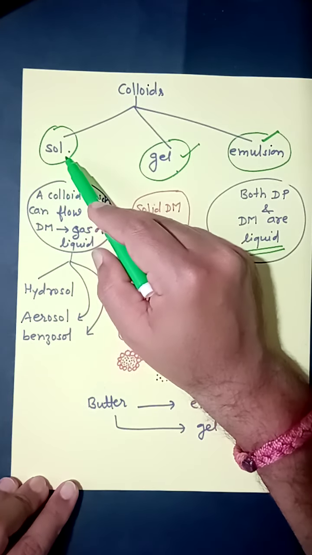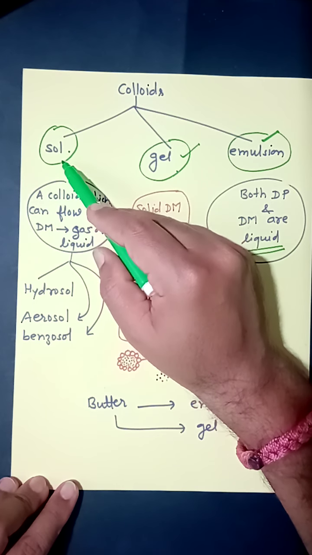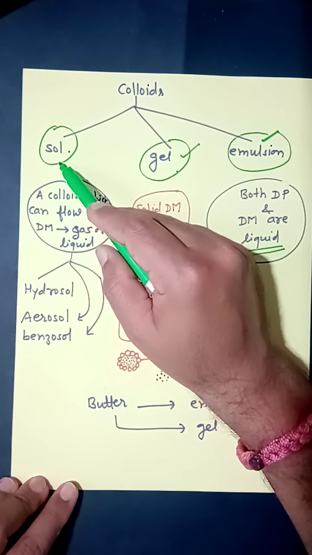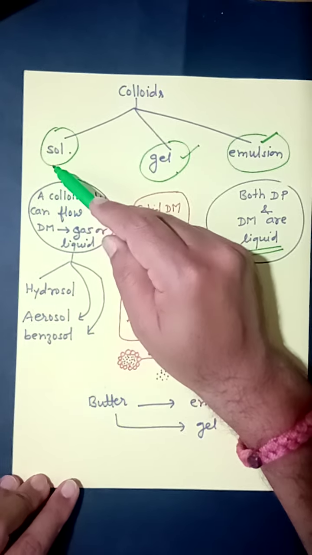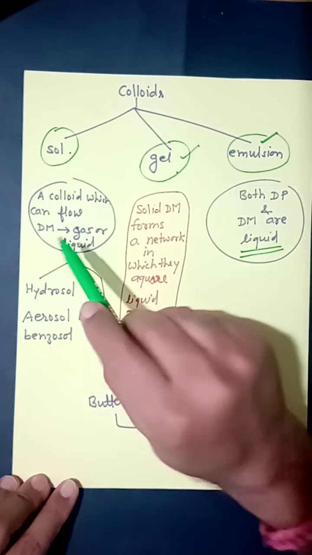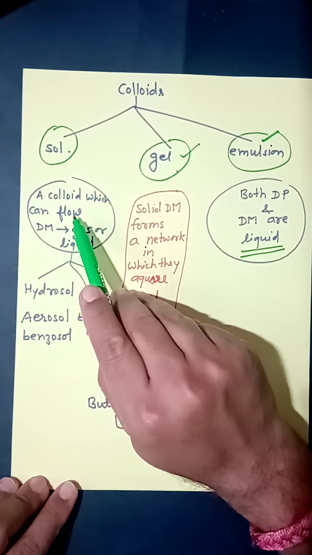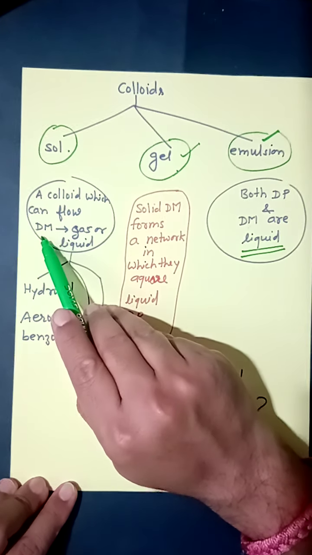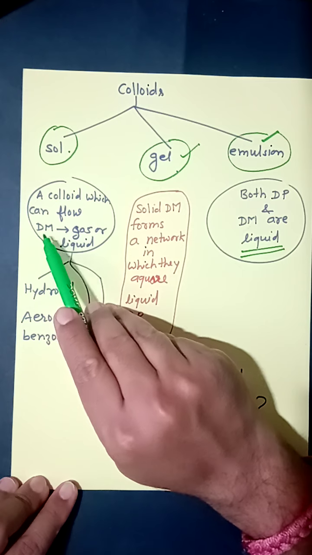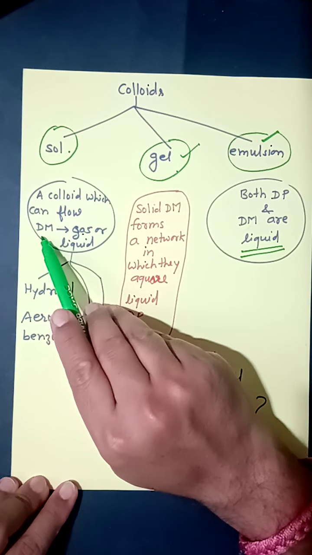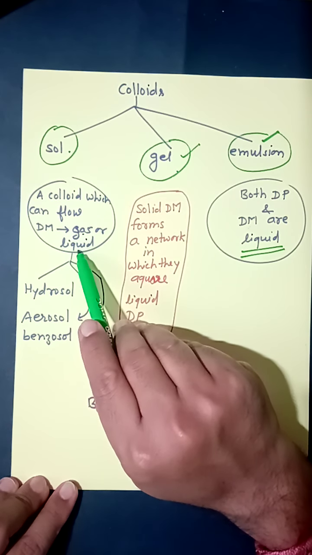Come to the next, sol. Whenever a colloid can flow like a liquid, then it is considered as sol. So in which conditions can a colloid flow? 2 conditions: if the dispersion medium is either gas or liquid.